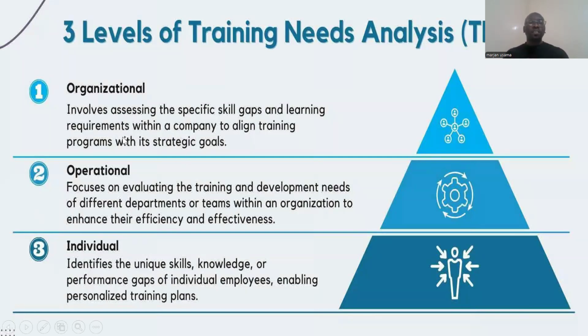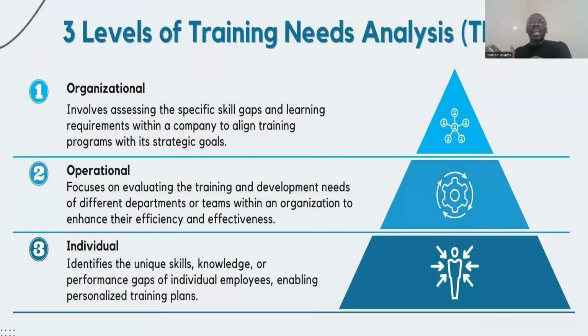So number one is the organization. This one involves assessing the specific skill gaps and learning requirements within a company to align training programs with its strategic goals. When you are talking about the organizational level, we are talking about every person in the organization. What kind of skills should they have? Because remember, as an organization, we have our strategic goals.